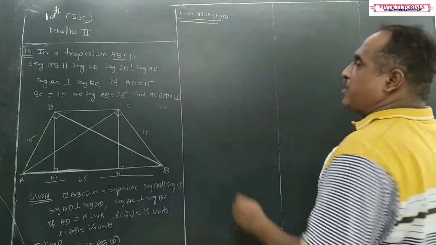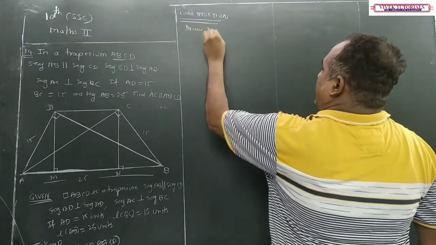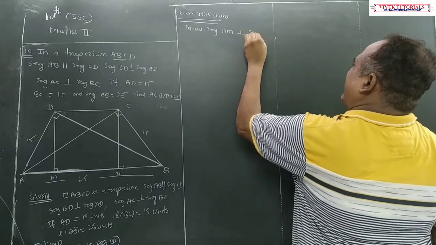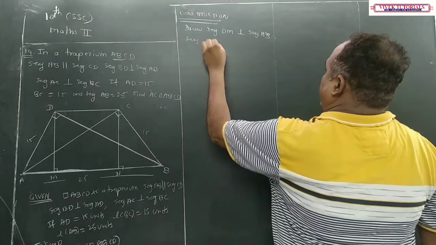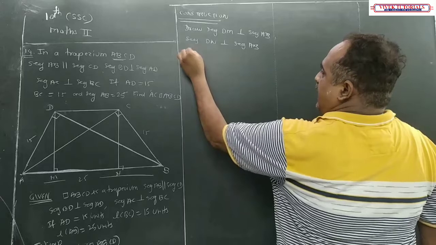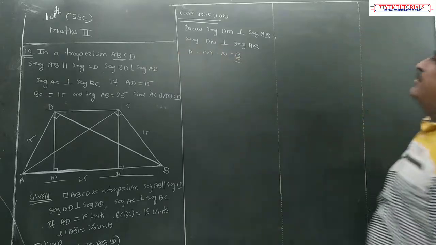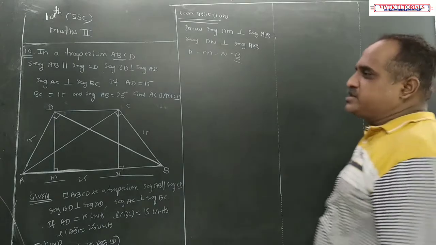So what construction are we going to do? Draw segment DM perpendicular to segment AB and segment CN perpendicular to segment AB, and A, M, N and B are collinear points. This is the construction required for this question.